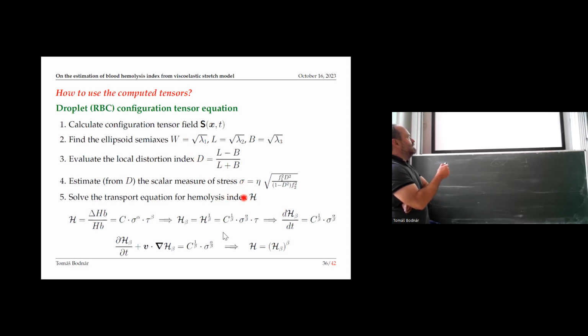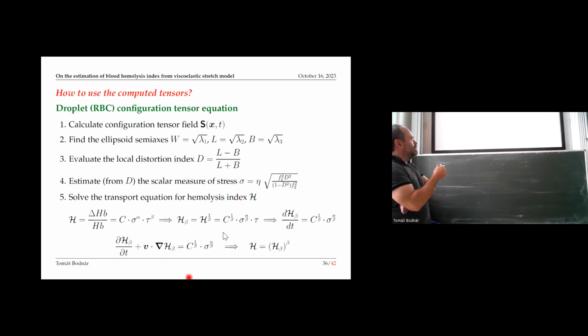And then you plug it into your Eulerian reformulation of your hemolysis correlation. Again, you have a transport equation for this modified hemolysis index with the source term depending on the just calculated scalar measure of stress.